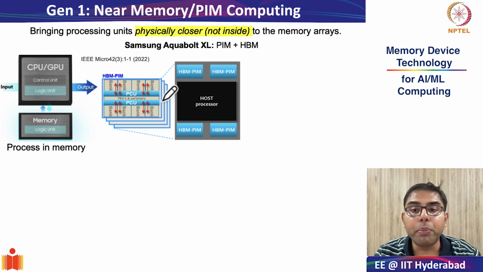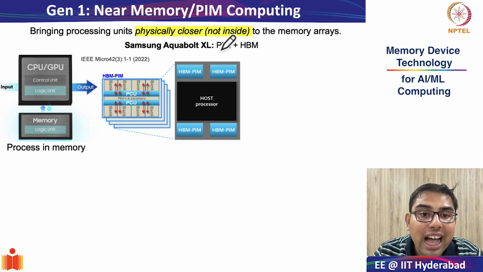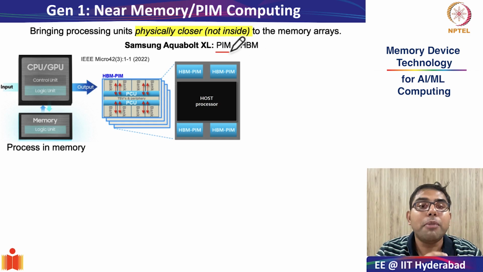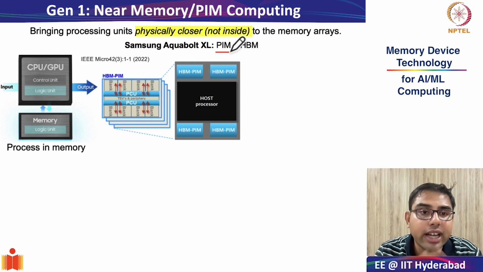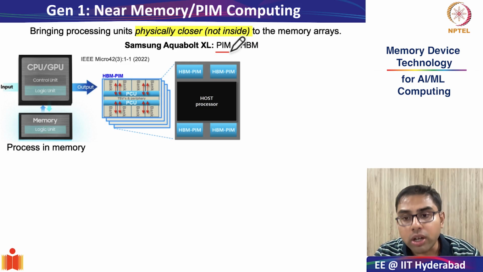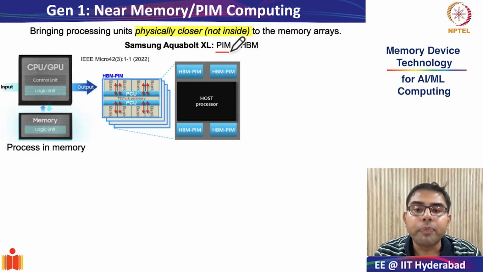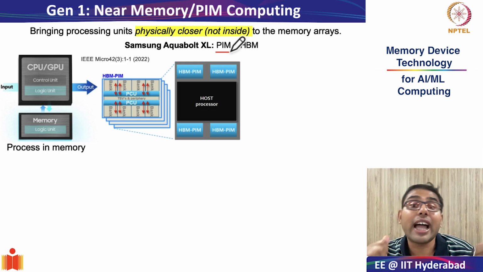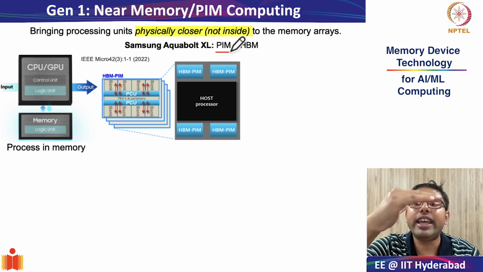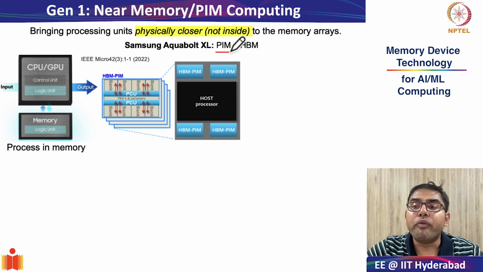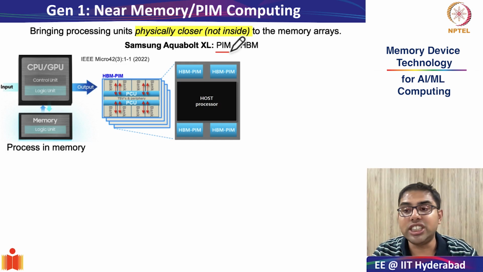The first example is of high bandwidth memory along with processing in memory, which was demonstrated by Samsung's Aquabolt-XL. So in this case, what you do is you have your high bandwidth memory. I hope you remember from the final portion of our DRAM, what was this high bandwidth memory? So this high bandwidth memory is normally stacked DRAM, which is placed very close to the CPU or the GPUs.